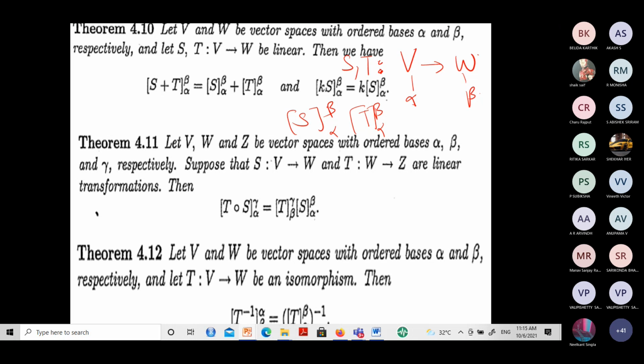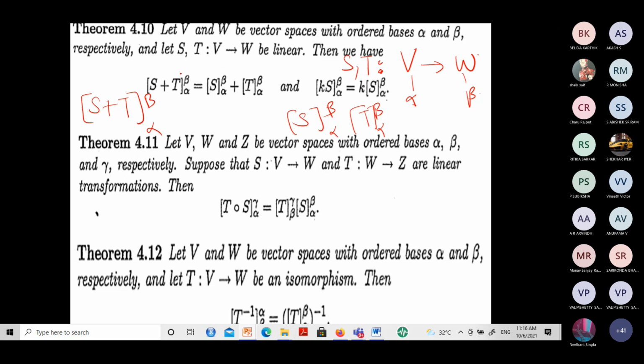Okay. So whenever S and T are linear transformations, just now we have seen S plus T is also a linear transformation. Vector addition we defined, right? S plus T is also a linear transformation from the same V to W. So if that is a linear transformation, that will also have a matrix from alpha to beta.